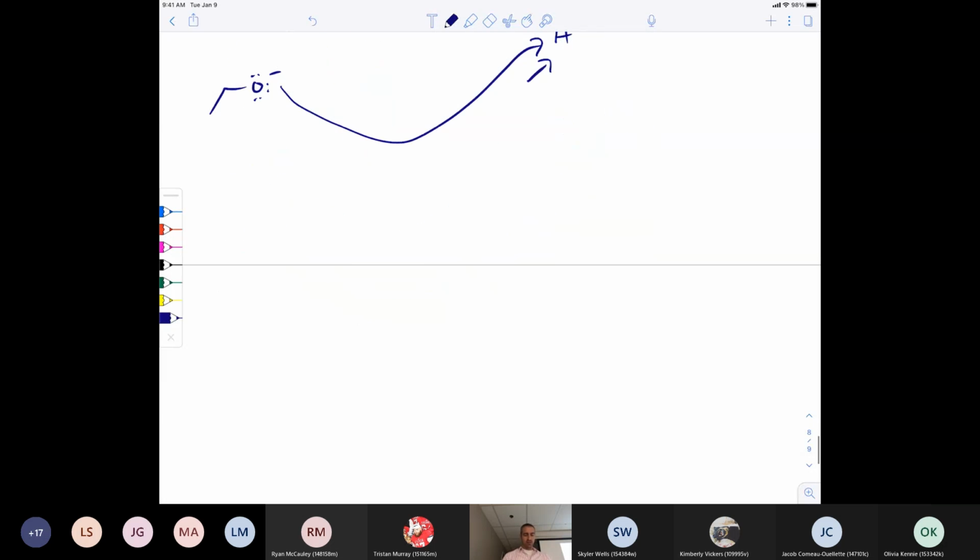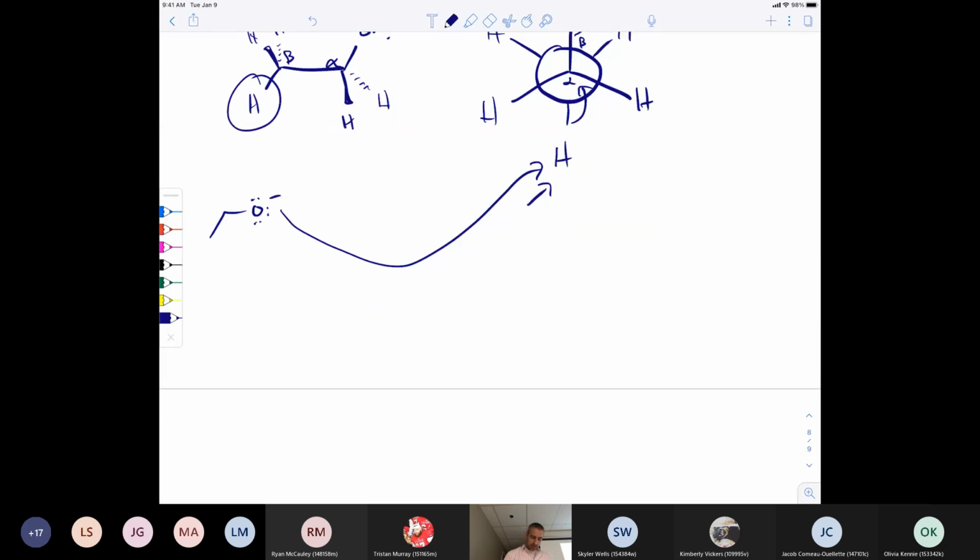The reason why the anti one is the only one that goes is because if you draw the reacting orbitals that are going on here, these are sp3 orbitals on each of those carbons.